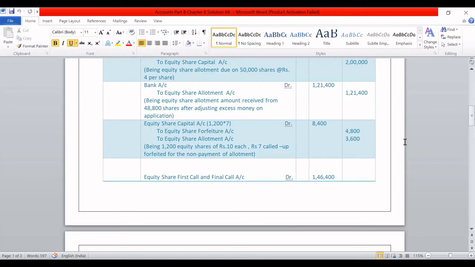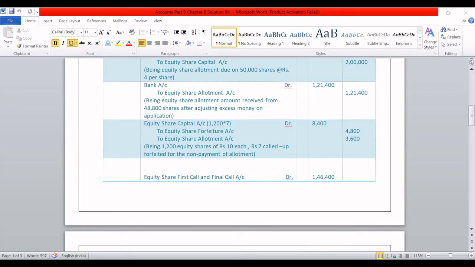Now the equity share capital account. How much is there now in the equity share capital account? 1,200. What is that 1,200? 1,200 shares, Ramu, who failed to pay for 1,200 shares.